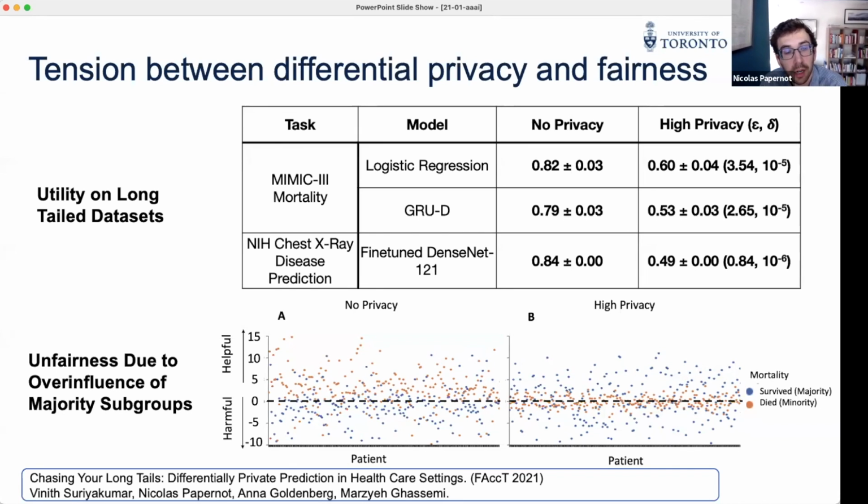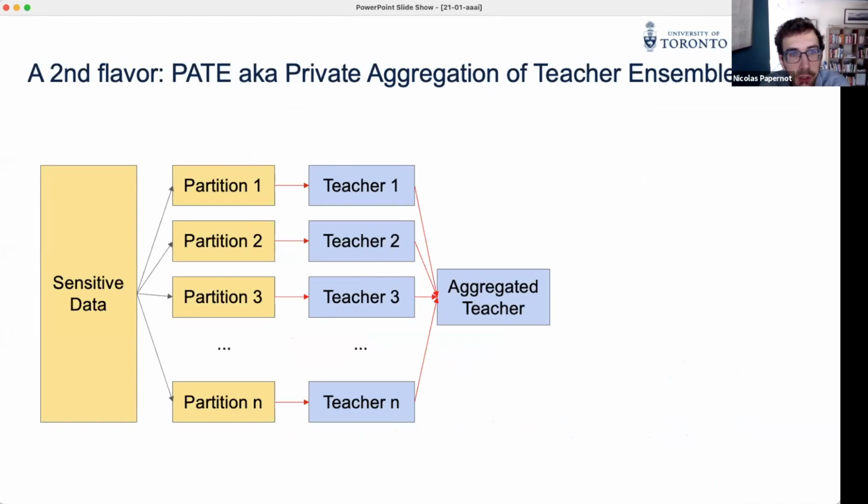And the fact that they had more influence on the model explains why the model performs better, because again, these cases in the minority are typically the most interesting in terms of the healthcare task that we're trying to solve. And so this raises an interesting question of whether there is a possible tension between accuracy, privacy, and fairness.